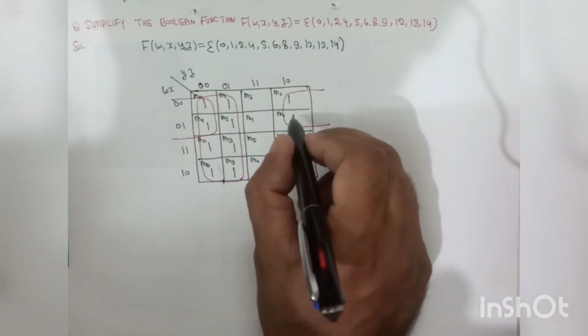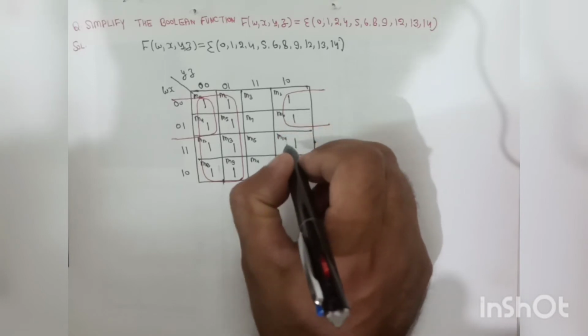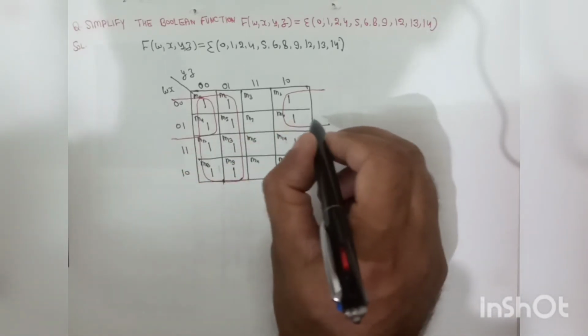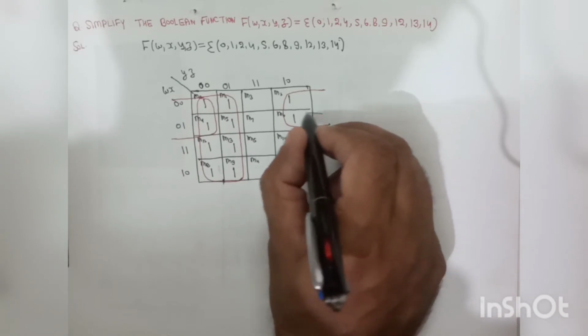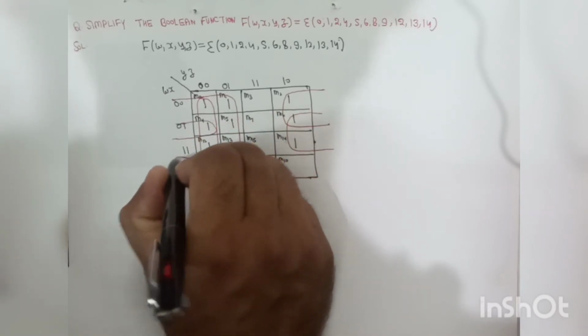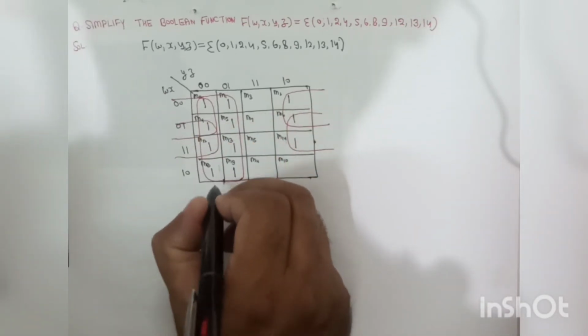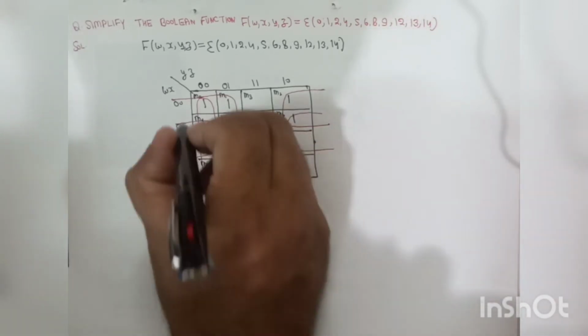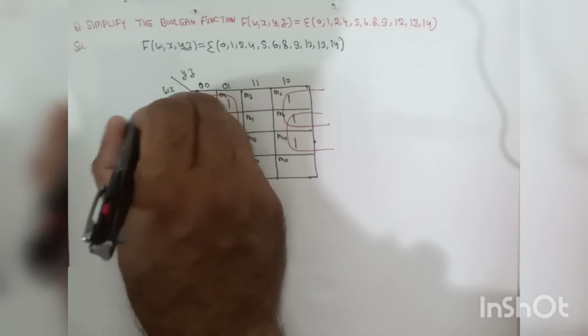Similarly m6 m14 and m4 m12 may be combined to form another quad. Let us rename this octet as 1, this quad as 2, and this quad as 3.